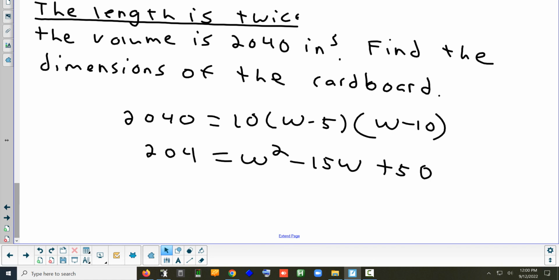It might even be factorable once you subtract 204 from the other side. Actually, it is factorable, so you don't even need the quadratic formula. But I would use it because the numbers are big enough that I might not see how to factor it.